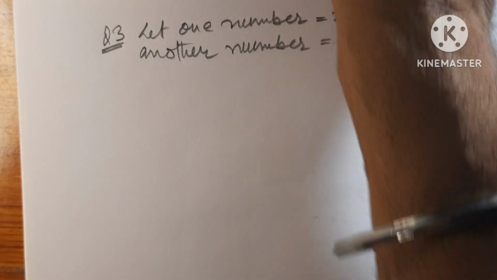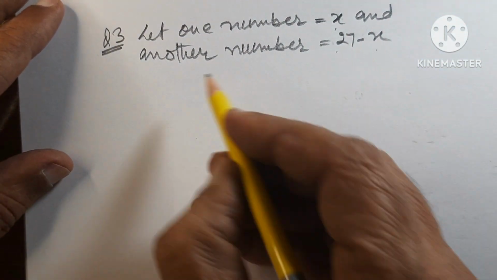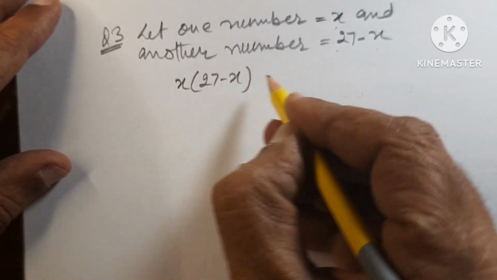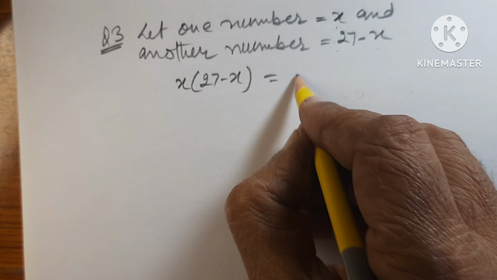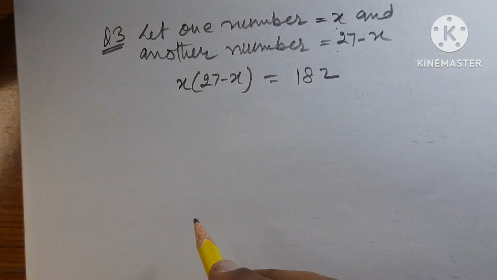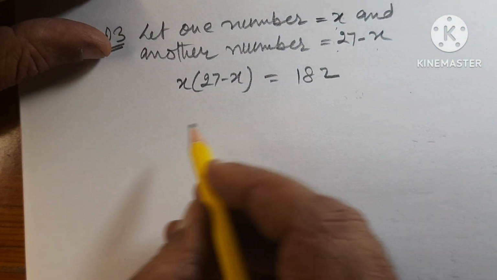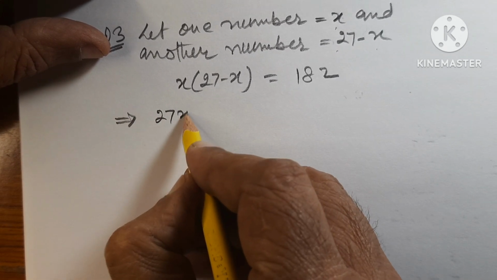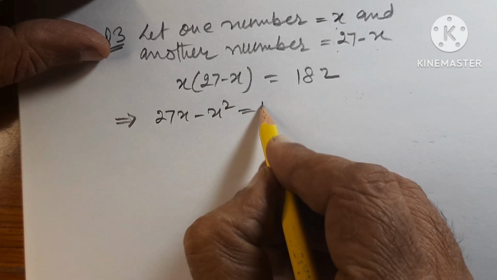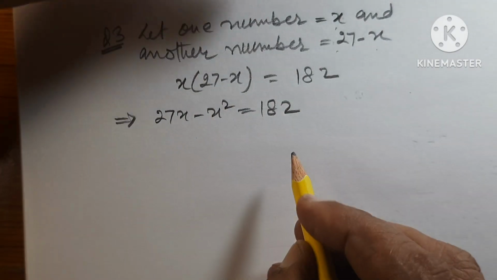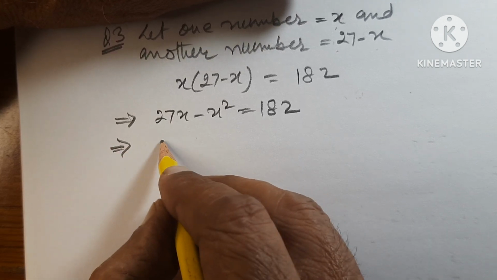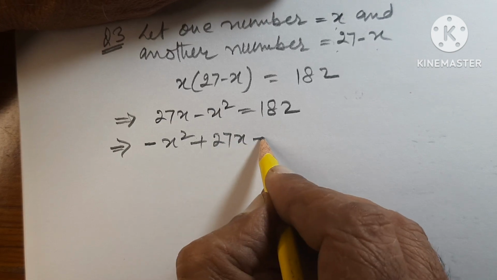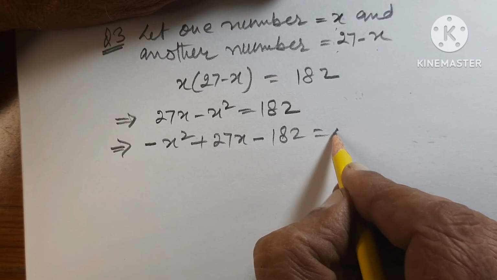So we'll multiply these two numbers, x and 27 minus x, and it is given equal to 182. So when we multiply, 27x minus x square is equal to 182. That means minus x square plus 27x minus 182 is equal to 0.